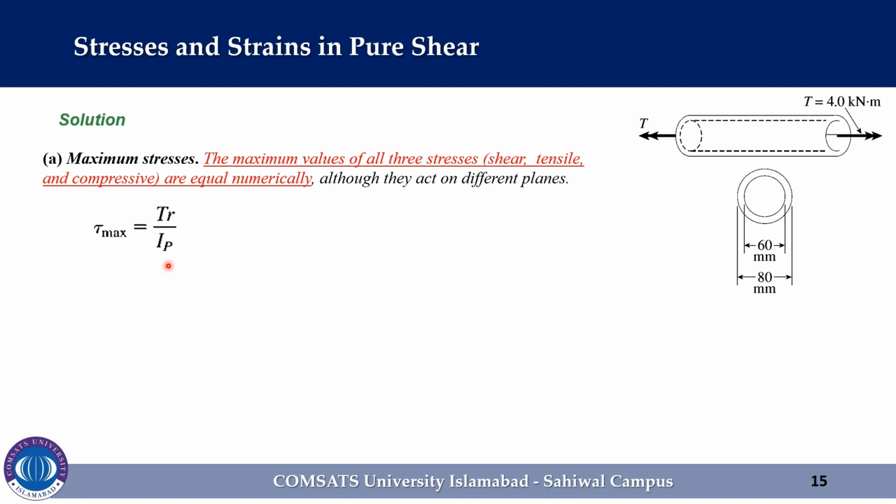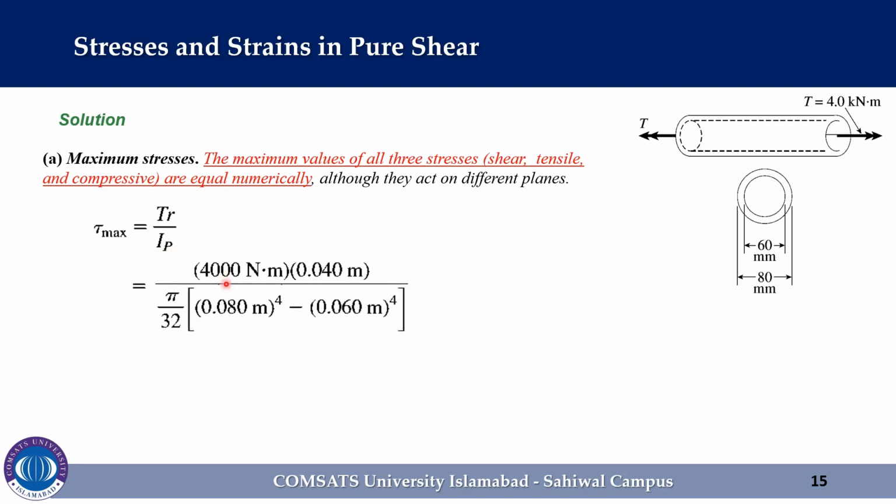For a circular tube, the polar moment of inertia is pi by 32 times (d naught to the power 4 minus d i to the power 4). Here d naught and d i are the outer and inner diameters of the tube respectively. All the required values are given in the problem statement, so we can easily find the maximum stress after some simplifications. The value will be 58.2 megapascal.